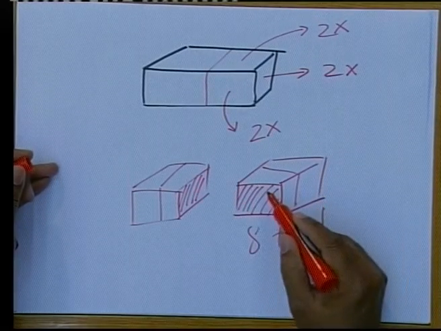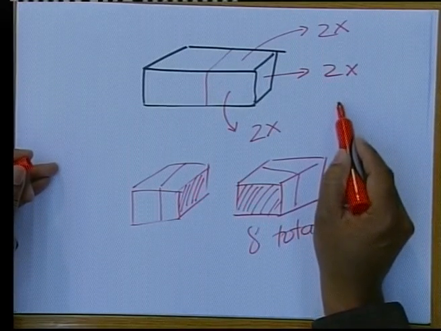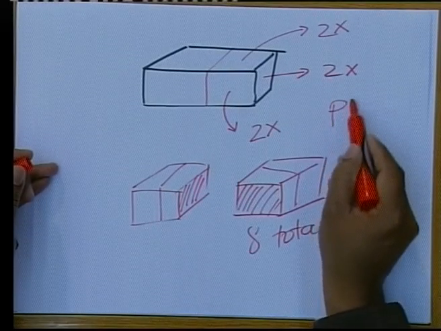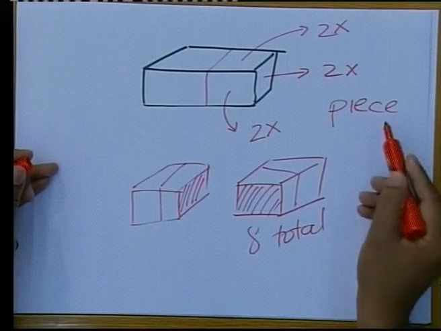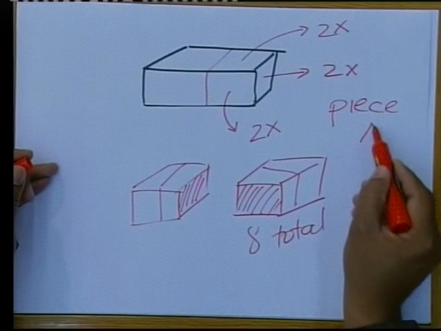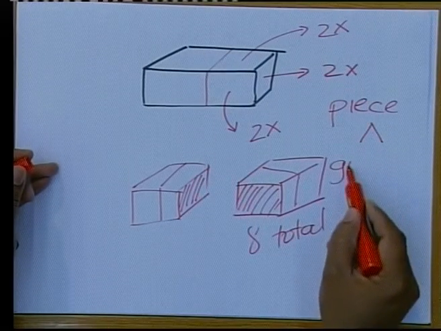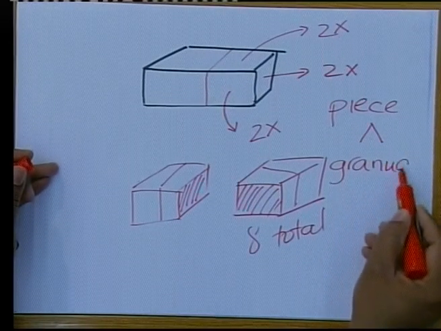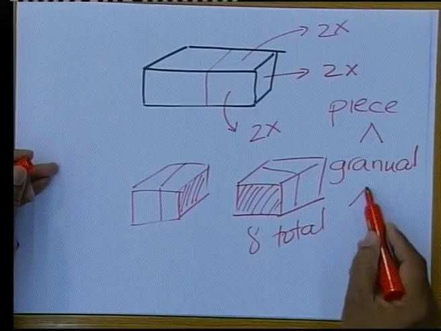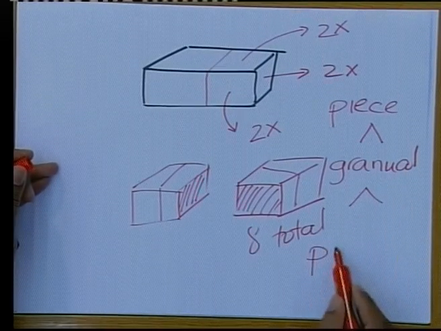In other words, what we find is that just a big piece would have a smaller reaction surface than a granule, which would be smaller. And that would have a smaller reaction surface than the powder.